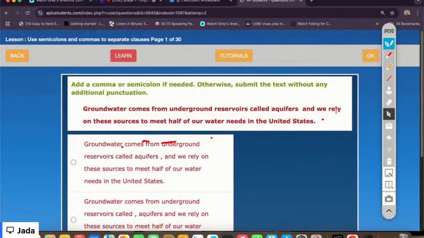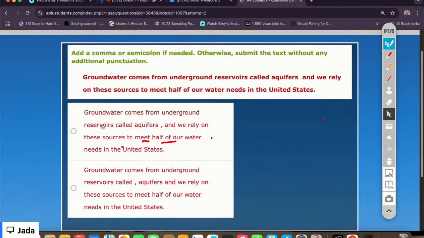All right, so it says add a comma or semicolon if needed. Otherwise, submit the text without any additional punctuation. Underground water comes from underground reservoirs called aquifers, and we rely on these sources to meet half of our water needs in the United States. So, first or the second, what's the right one here?